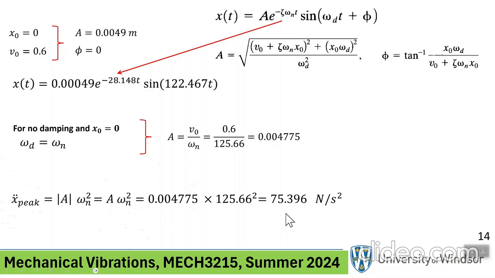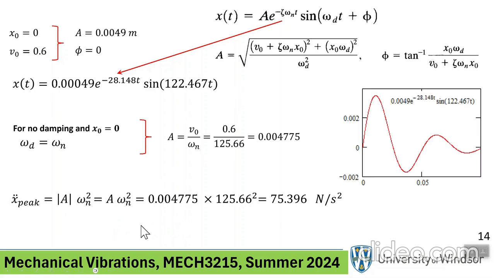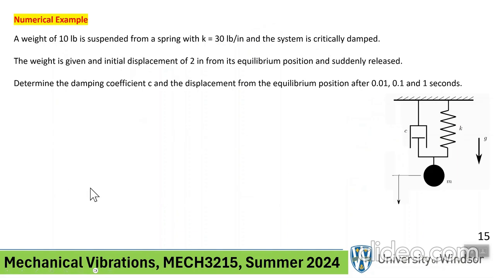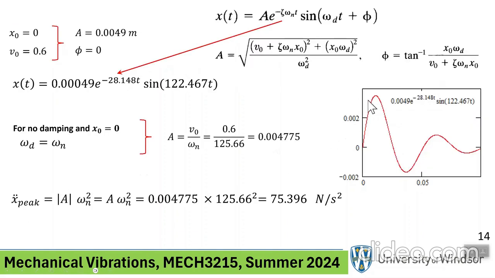But if you don't believe me, take this x, differentiate it twice, and look at the thing that's in front of sine. You're going to get A omega n squared. Okay? Look, peak acceleration is amplitude, or peak displacement, times omega n squared. Oops. And you can plot it. There we are.